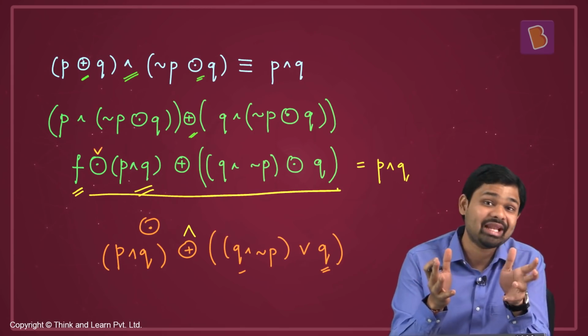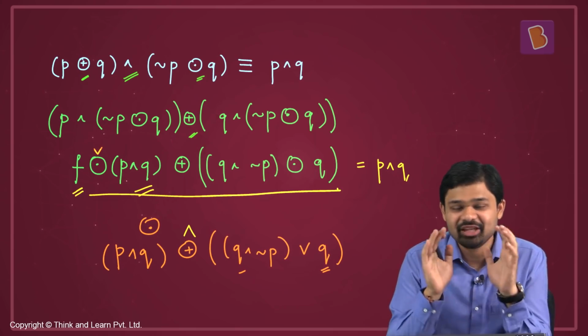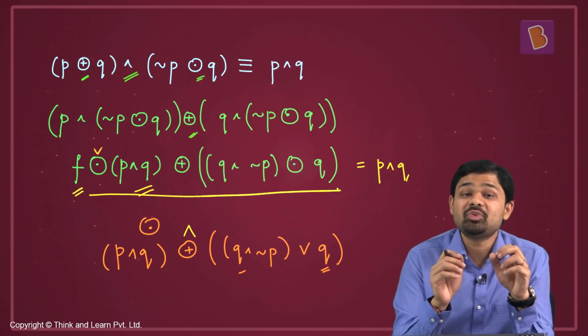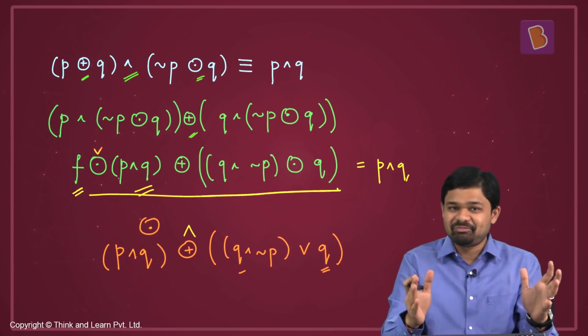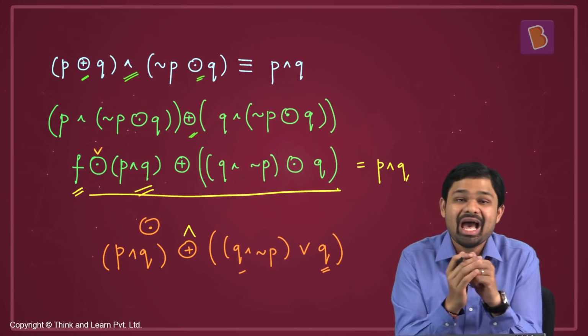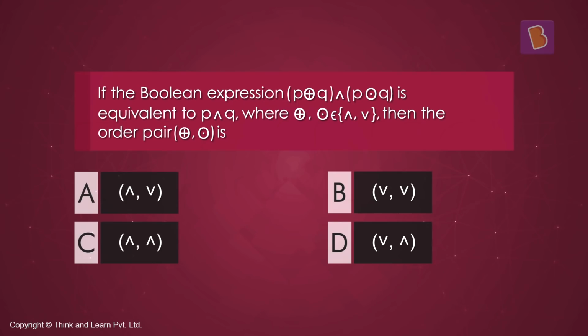If you don't trust me, you will have to go and make the truth table for this entire expression, and then you will find out that if the dot was an OR and the plus was an AND, then the entire expression will have the same truth values as P and Q. A slightly twisted and tricky mathematical reasoning question, but this is a beautiful question, and it involves subtle details of mathematical reasoning that you have to understand.